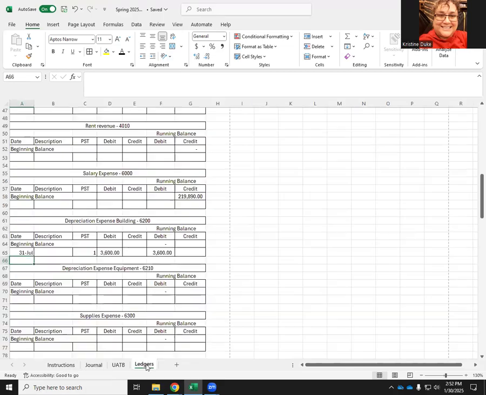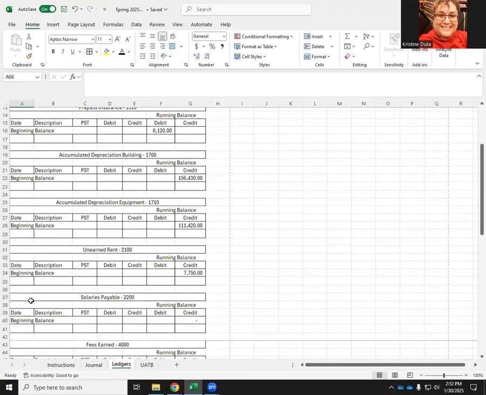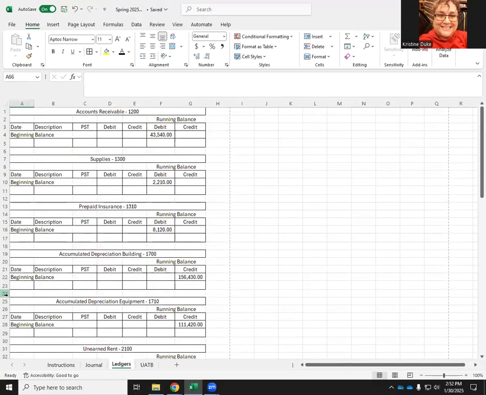Now I'm going to come up here, move this right there because I'd rather have it there. I'm going to update my accumulated depreciation with this credit. So let me go to my ledgers. I know my accumulated depreciation is an asset. Assets are way up here. So here's my accumulated depreciation for my building.